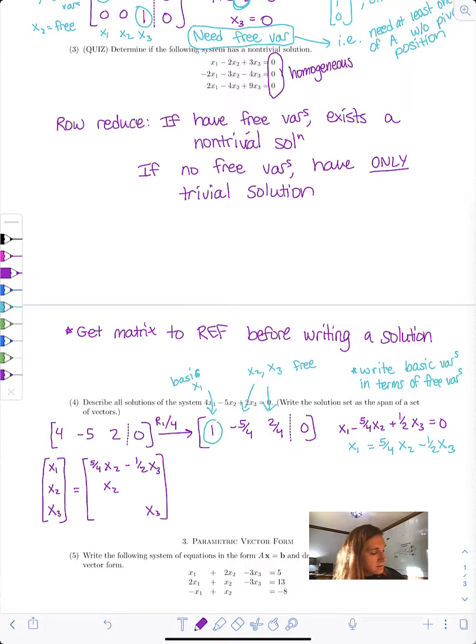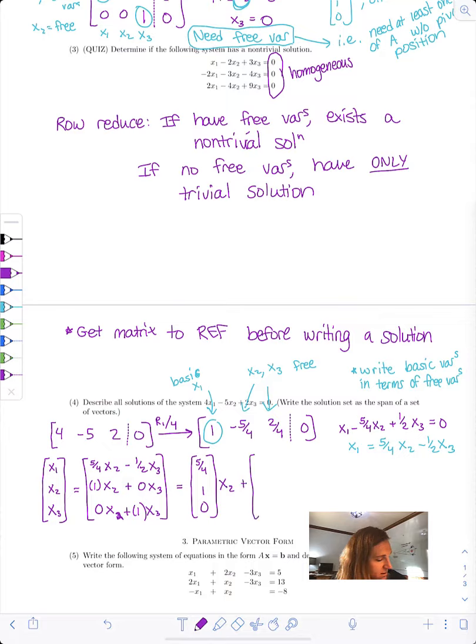But now if you look at this, we could actually think of this x2 as being 1 times x2 plus 0 times x3. And similarly, x3 could be 0 times x2 plus 1 times x3. And now we have something that's starting to look like a vector equation. So we can pull out that 5/4, 1, 0 times x2, and then -1/2, 0, 1 times x3.